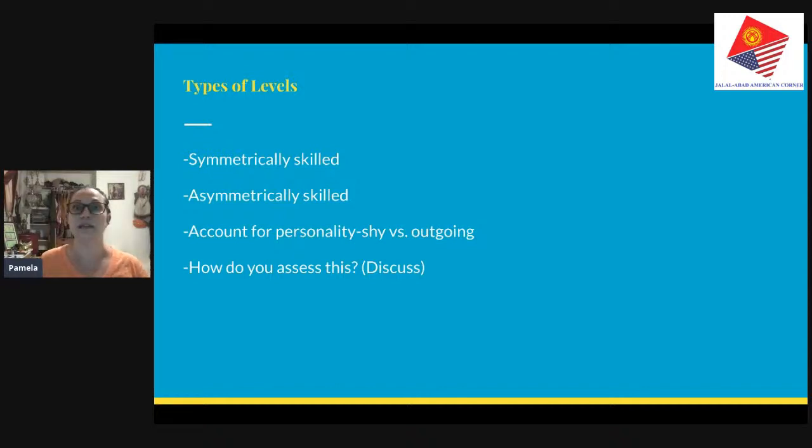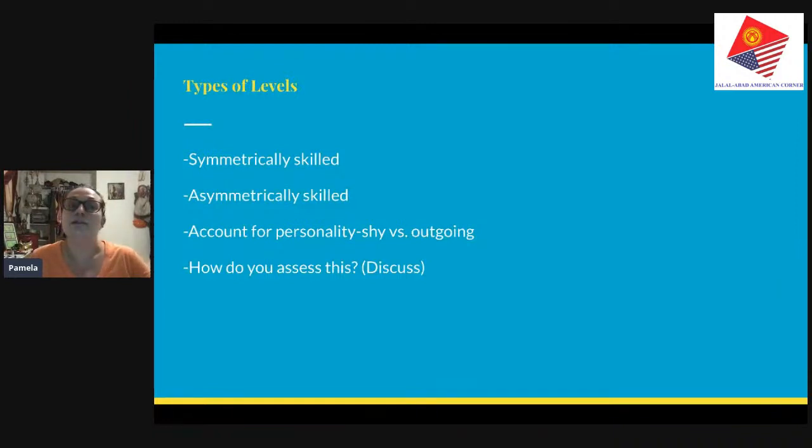Or maybe the speaking and listening are very strong, and the writing and reading are very low. So that means asymmetrically skilled. You want to keep this in mind when you're addressing multi-level learners and conducting differentiated learning activities, because you'll need to treat the same student in different ways depending on where their skills lie.